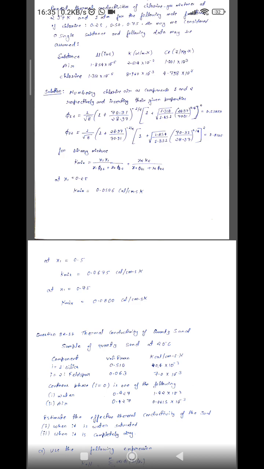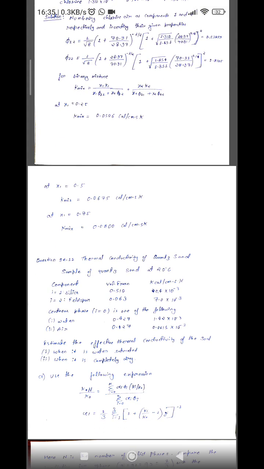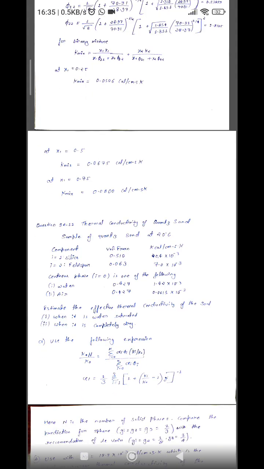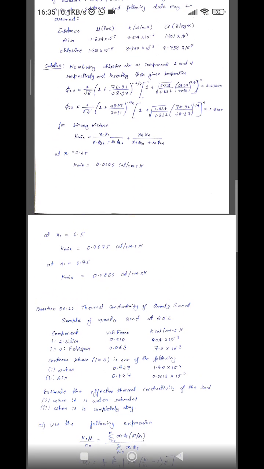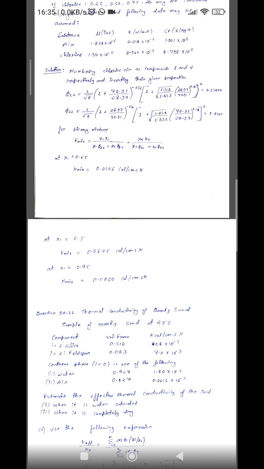At 0.25 it is 0.0506, at 0.5 it is 0.0675, and at 0.75 the thermal conductivity of the mixture is 0.0800. So we have solved the question.